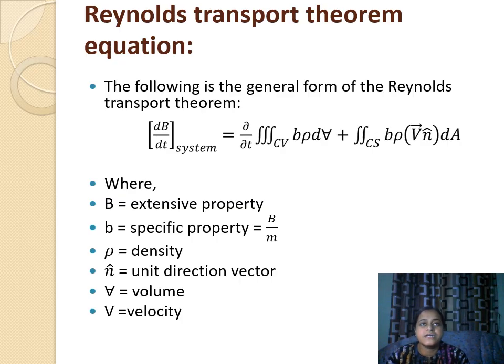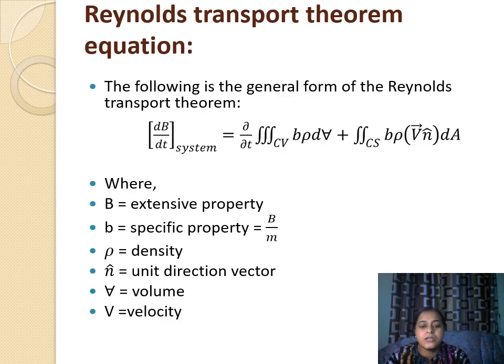The general form of the Reynolds transport theorem is dB by dt of the system equals del by del t of the triple integration over the control volume of b into rho into d volume, plus the double integration over the control surface of b into rho into V bar into n cap into dA, where capital B is the extensive property, small b is the specific property, which equals capital B by m.